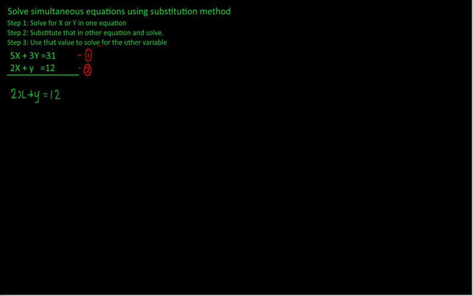The reason why I use this equation is that it has y alone, and what I have to do is just move the 2x. So that is y is equal to 12 minus 2x. Now I am going to name this equation as equation 3.